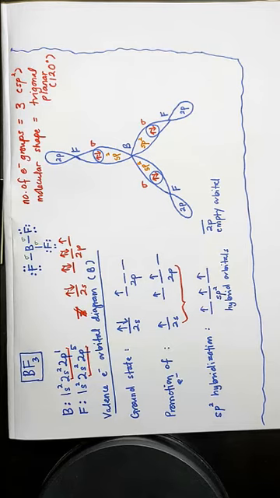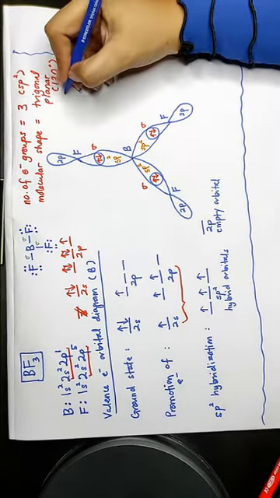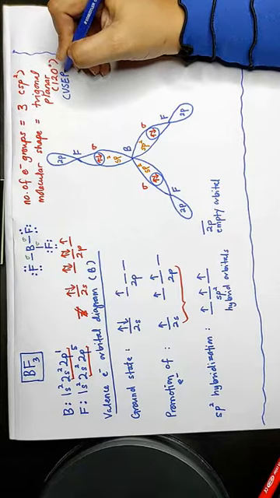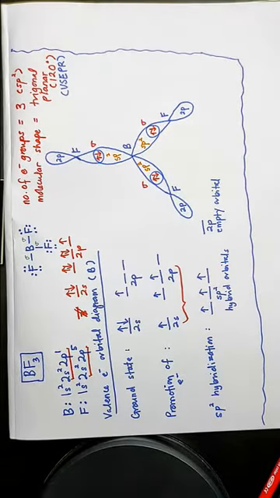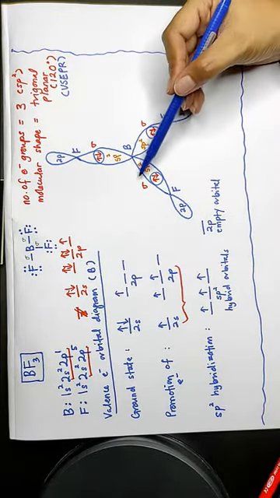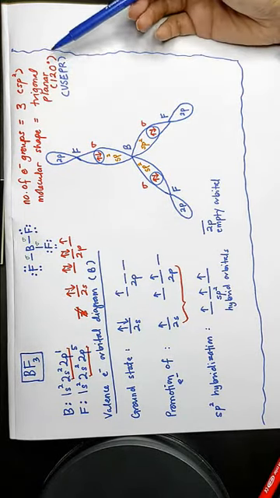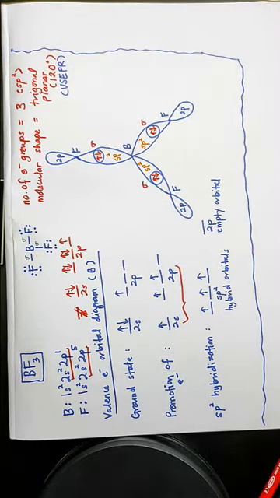So now you can see the molecular shape determined according to VSEPR is trigonal planar with bond angle 120 degrees. So it aligns, it tallies. Okay class, this is the example for sp2.